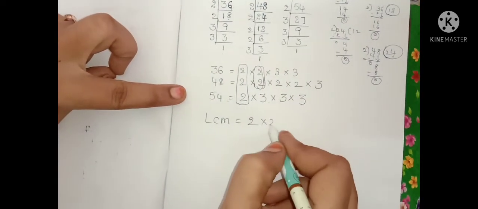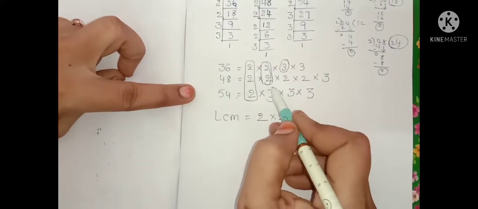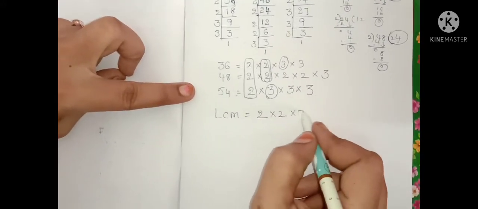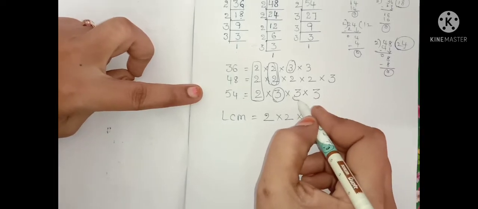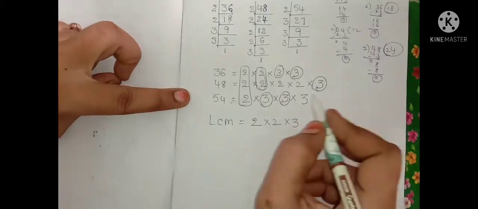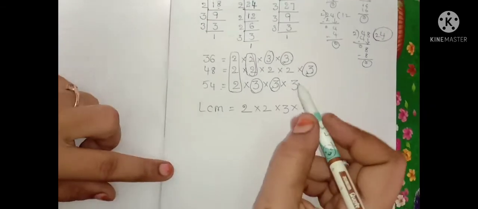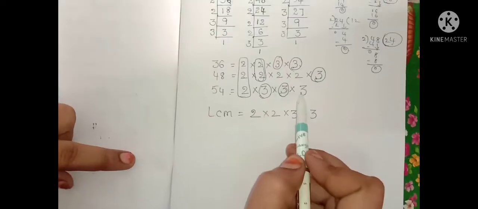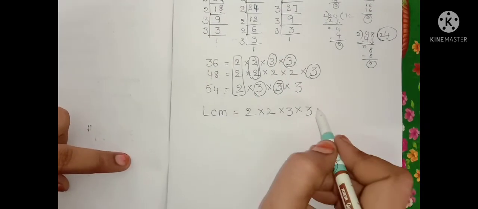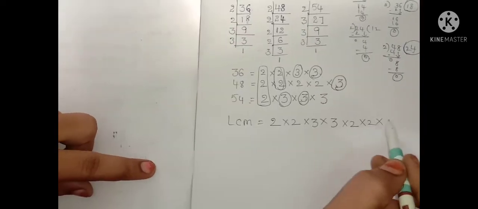One time I am writing 2. Next, 3 is there in all three numbers, so that also I write one time. And again 3, again 3, 3 numbers are there, so again write 3. Now what are the remaining? Here 2 is there, here 2 is not there. Again 2 is the remaining and 3 is the remaining.